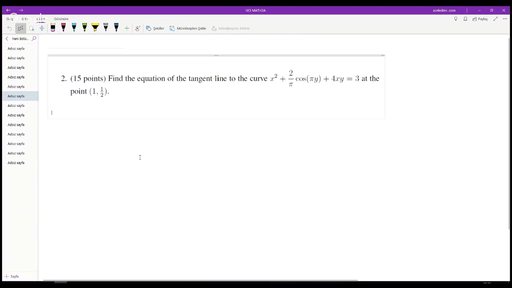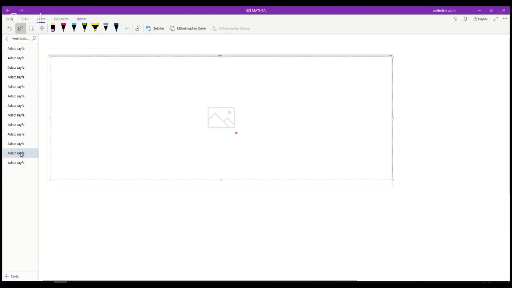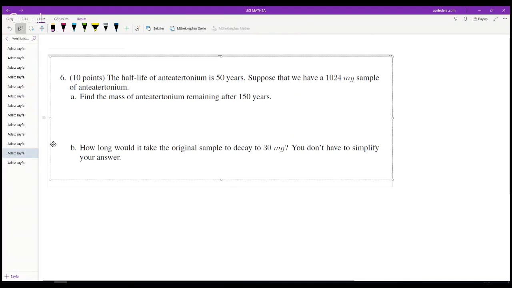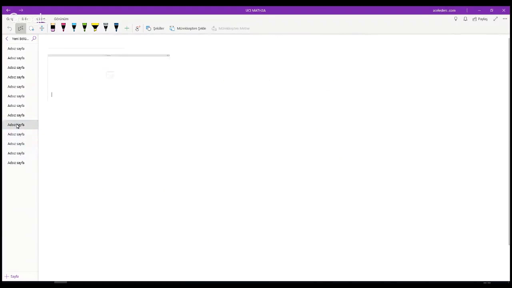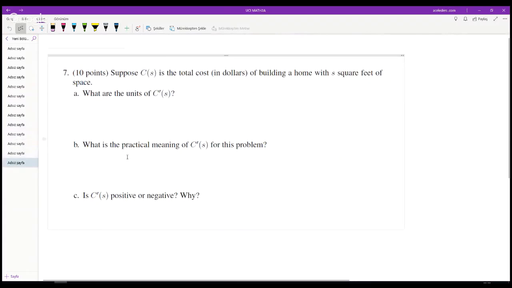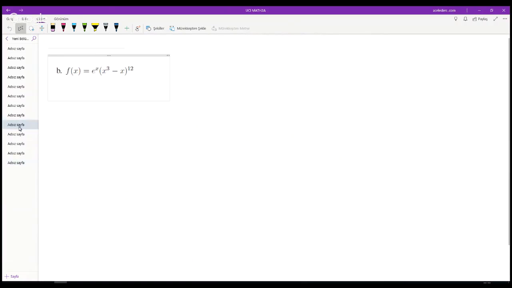Until now we have solved some questions and you have an idea of what I'm going to do, but at that point you can give me feedback and, for example, write the types of questions you have the most difficulty with, like implicit differentiation, or problems of half-life, or the meaning of derivative from the sample midterm.